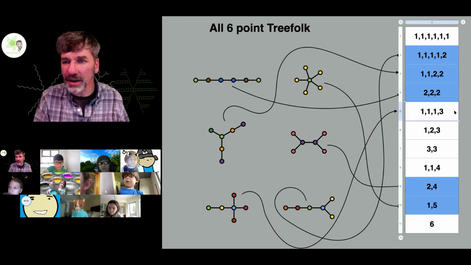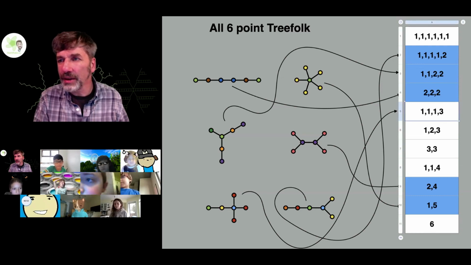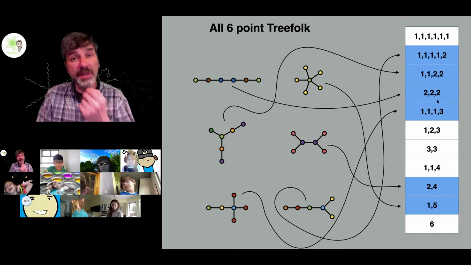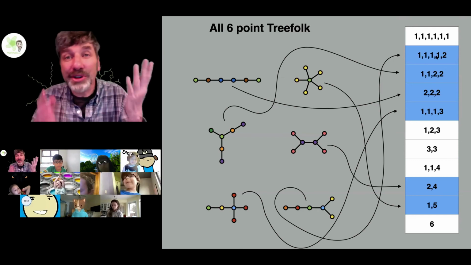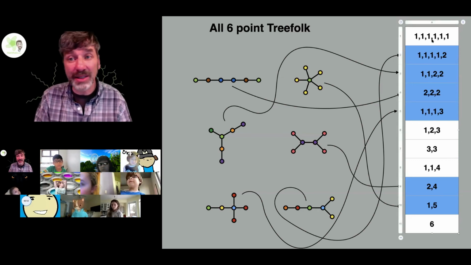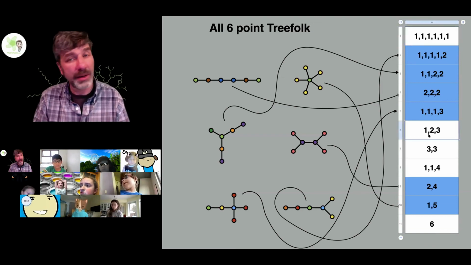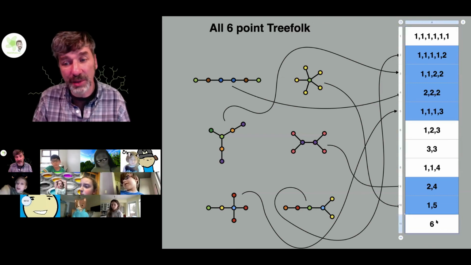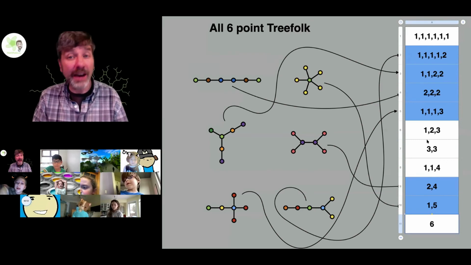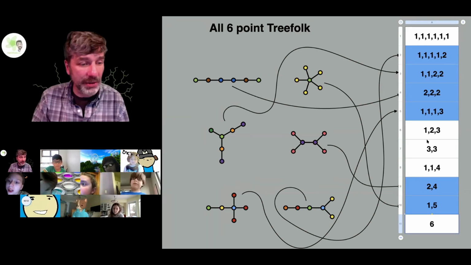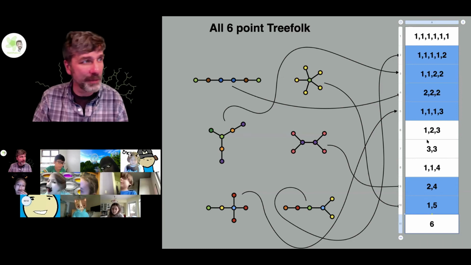So these are all of the Treefolk tribes that have living members in them. There's no Treefolk person that belongs to this tribe, or this tribe, or this tribe. So about half of your tribes are empty. They don't have any people in them.